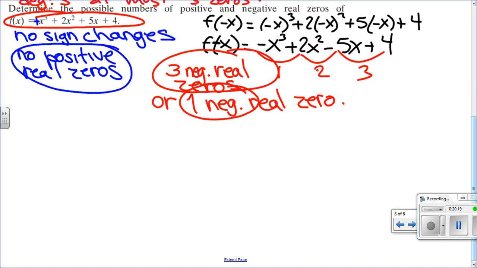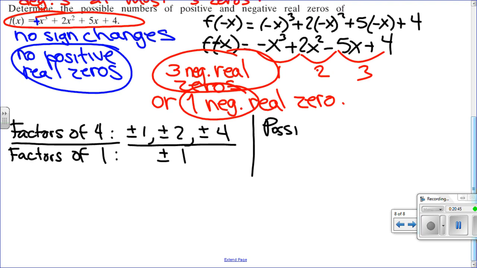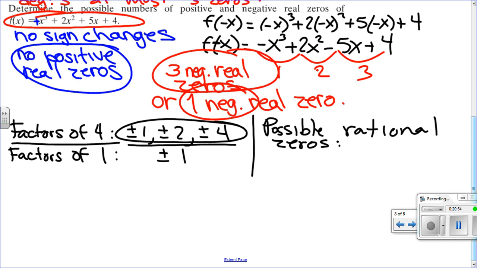So if we have that polynomial and I use the rational zero theorem, I will take the factors of the constant term, which is 4. That will be plus minus 1, plus minus 2, and plus minus 4. The factors of my leading coefficient, which is 1, will just be plus minus 1. So then my possible rational zeros will be all these numbers divided by 1.